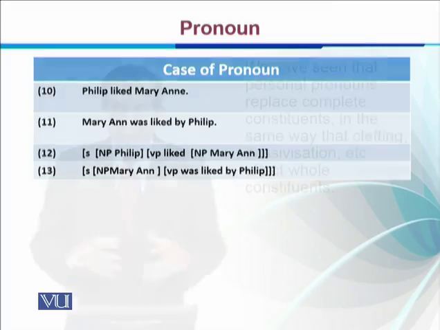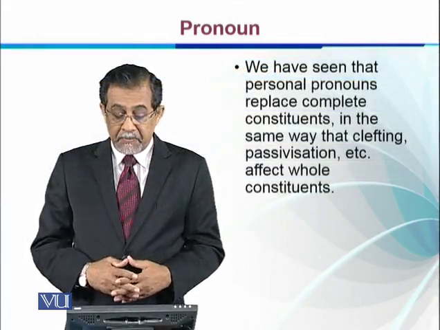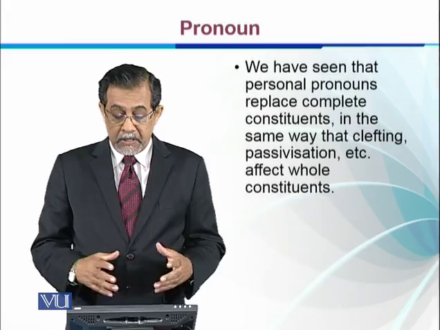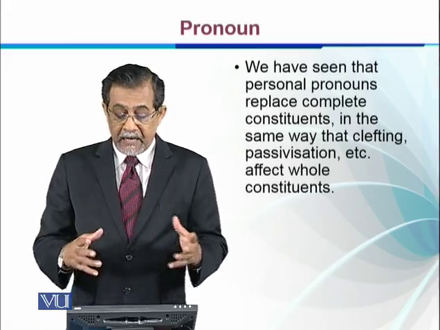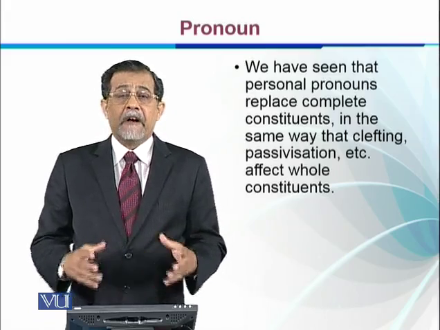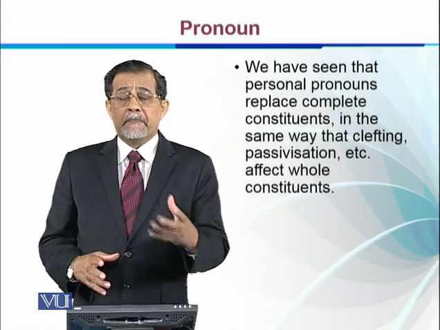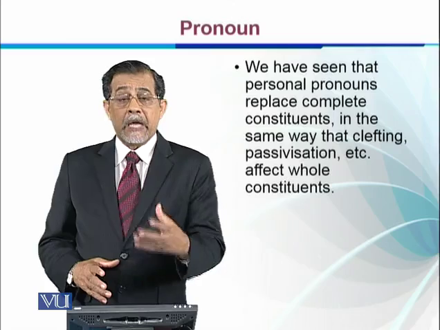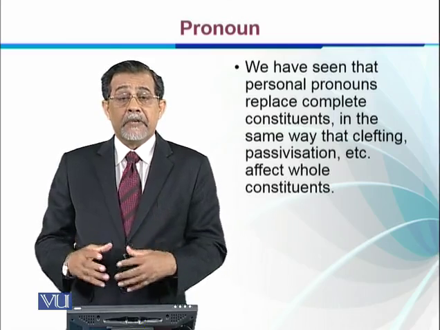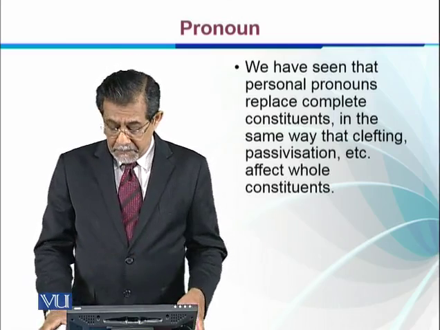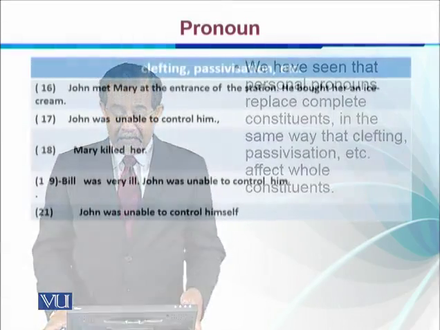We have seen that personal pronouns replace a complete constituent in the same way that clefting and passivization affect the whole constituent. So whenever we replace a noun phrase with a pronoun, the whole constituent is replaced, like that of clefting, right?